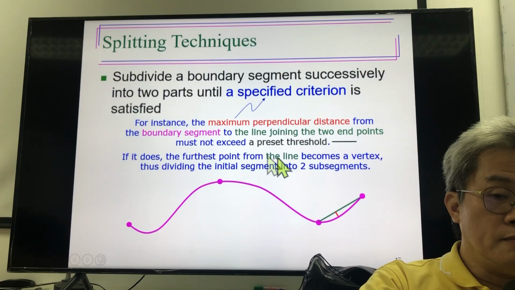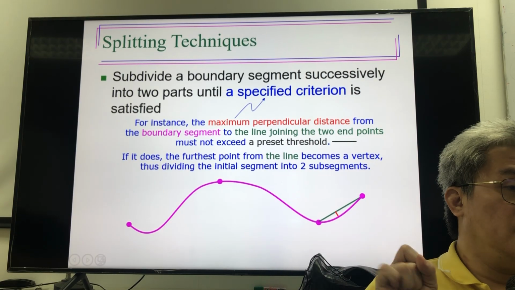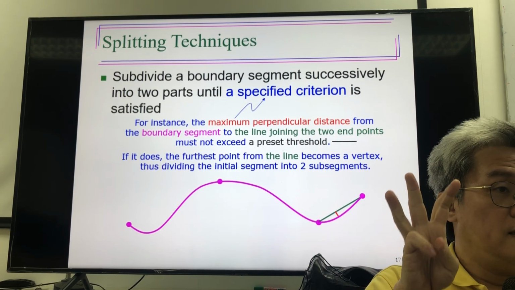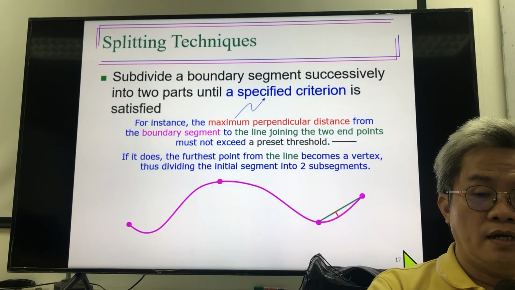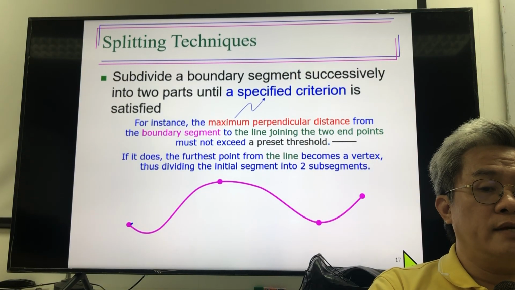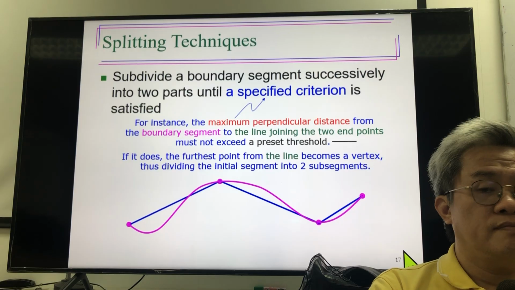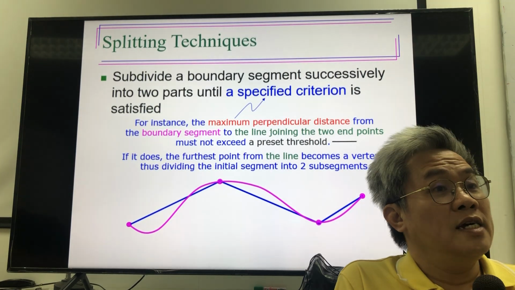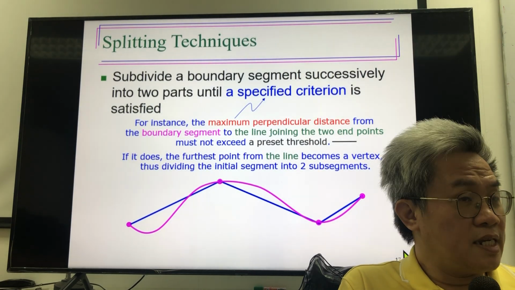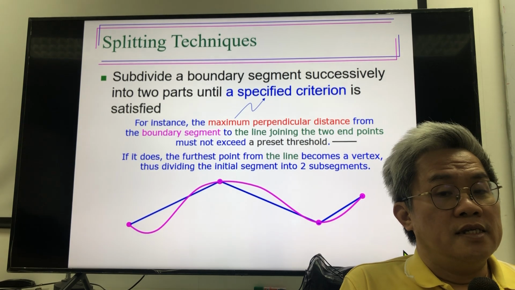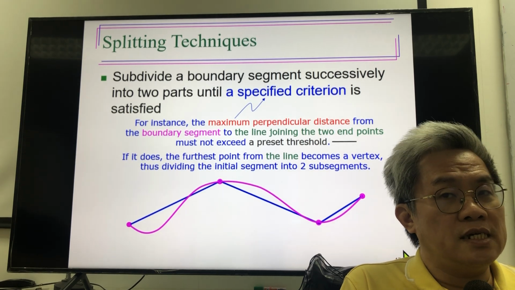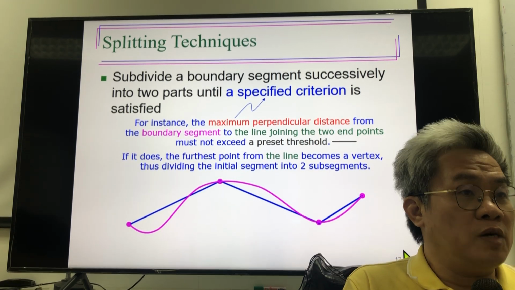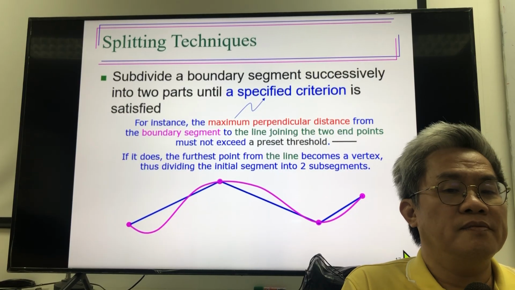So this curve is split into 3 segments, and then you draw a straight line representing each segment. This is called the splitting technique. This splitting technique is much easier than the merging technique.